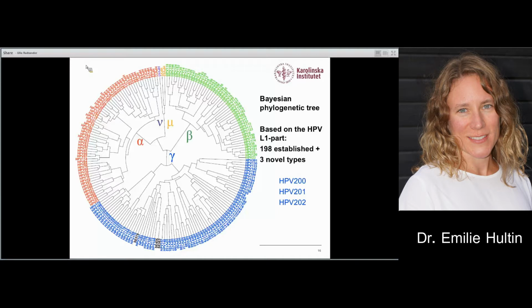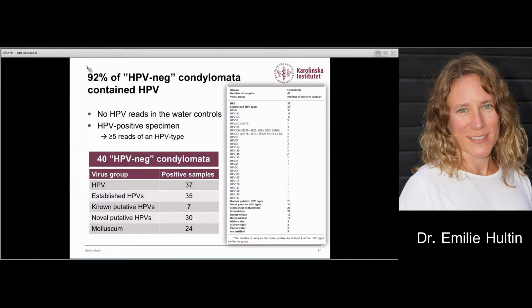So the results of this study were that 92% of these HPV negative condyloma specimens actually contained HPV after sequencing. And there were no HPV reads in the water controls. And for a specimen to be HPV positive, we have a cutoff of at least 5 reads of one specific HPV type.